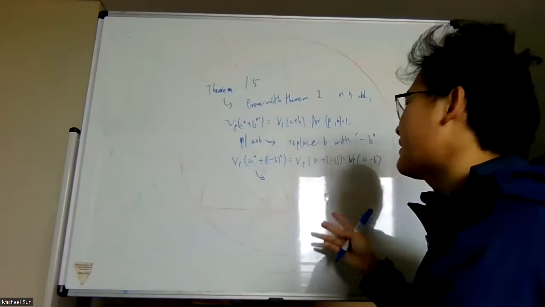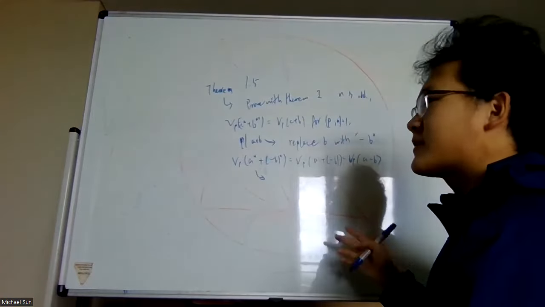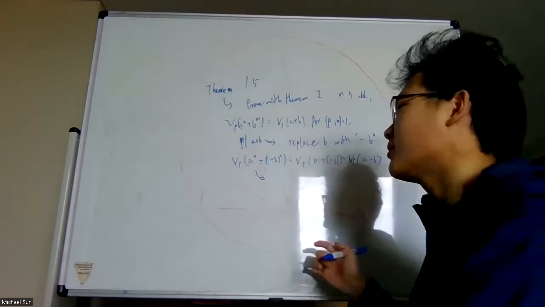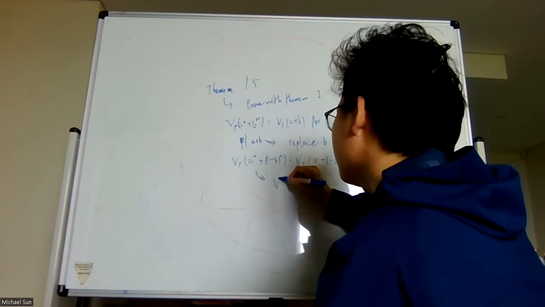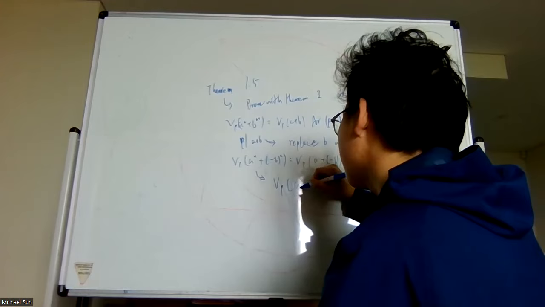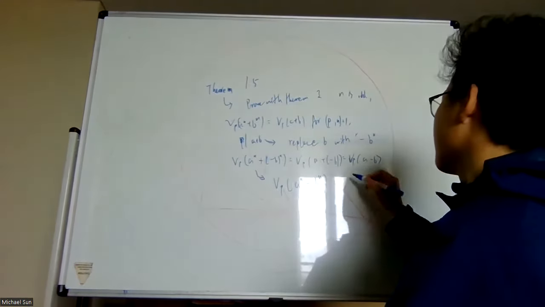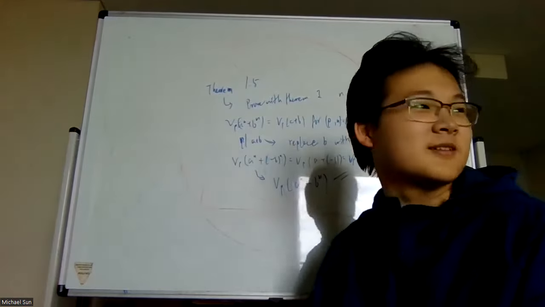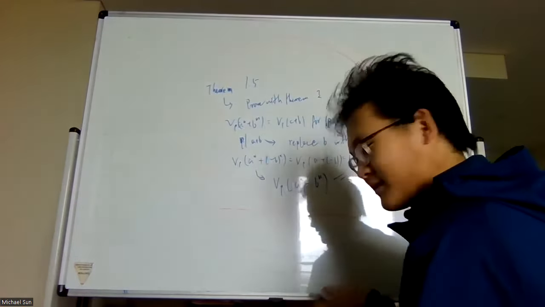The idea here is also factorizing, but instead you skip the factorization by directly applying the first theorem. And this gets you v_p of A to the N minus B to the N, and now they're equal. Cool.